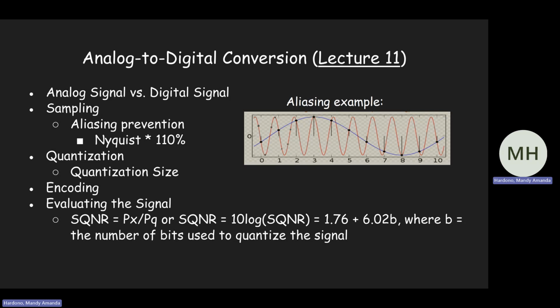Quantization is the process of mapping input values from a large set to output values in a smaller set. So your analog signal has a bunch of different values, but you want to convert it to a digital signal, reducing the number of different values that represent the signal.